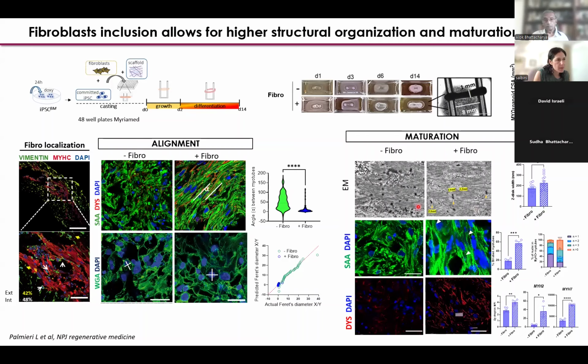Here in black and white, by electron microscopy, you can see the more clear formation of Z discs, and also a higher level of striation and multinucleation. Finally, in red here, you can see the staining for dystrophin, the membrane marker. As expected in mature muscle, dystrophin increases, and also its localization on the membrane. We also observed an increase of late muscle gene markers like myosin heavy chain 2 and 7.